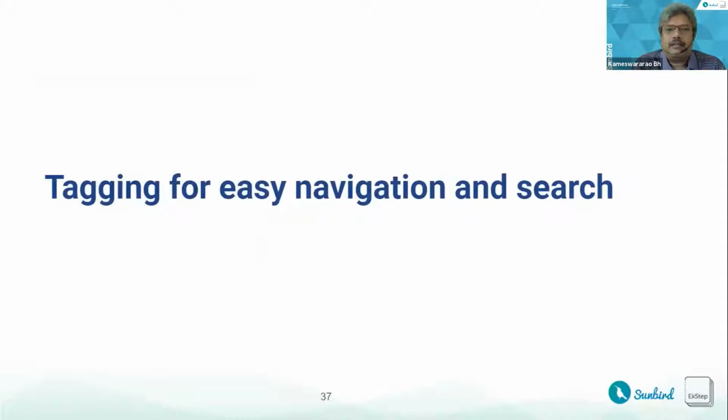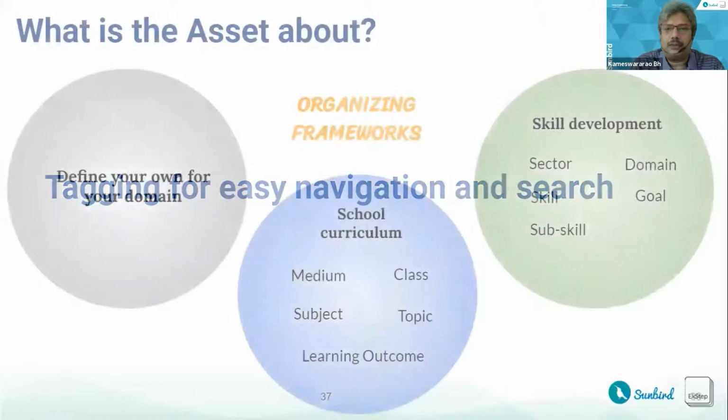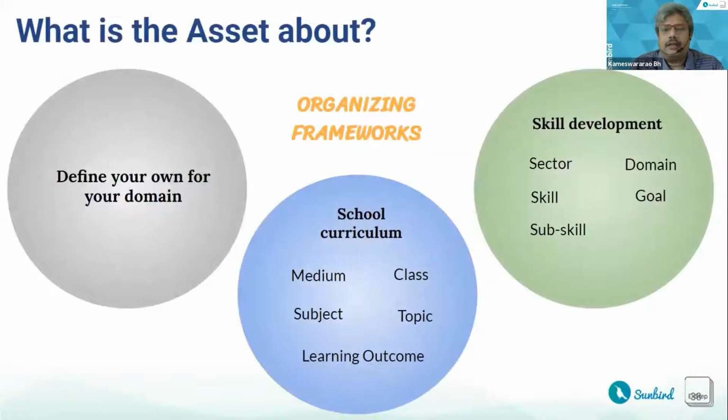So the first and the foremost capability, which is a fundamental thing, is being able to tag the assets to make it easily navigable and searchable by the users. You can think of how, in your context, you want to organize them, how you want to classify them, right? For example, in case of food items, you can classify them, let's say, as veg, non-veg, or South Indian, North Indian, and so on.